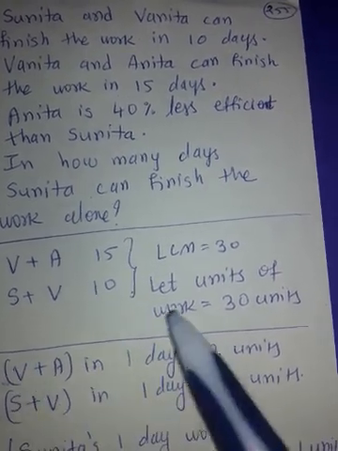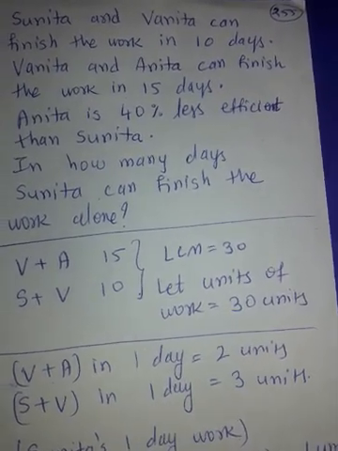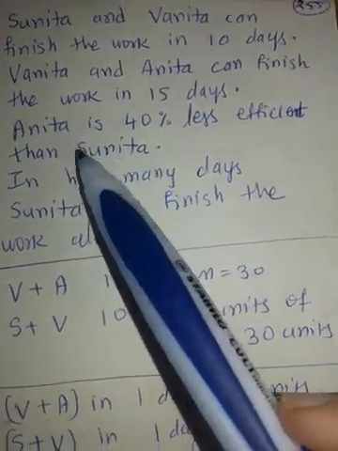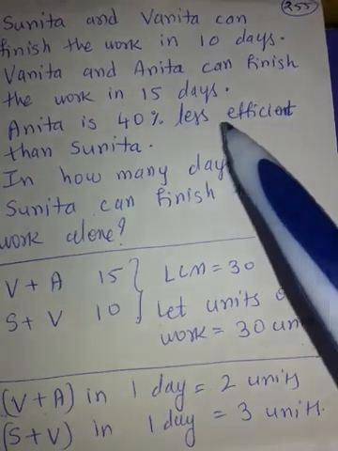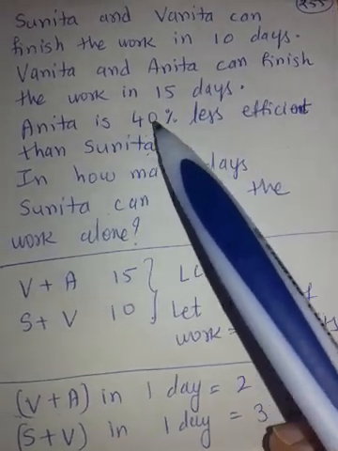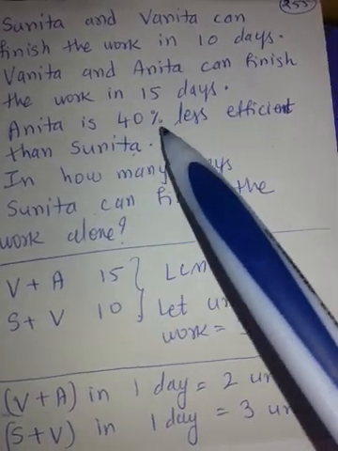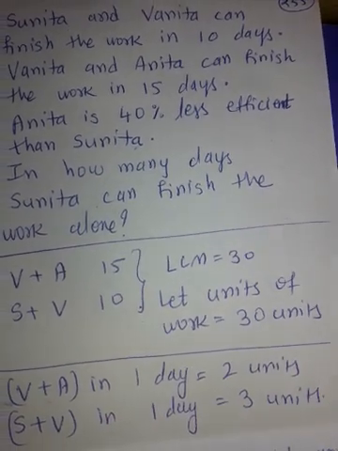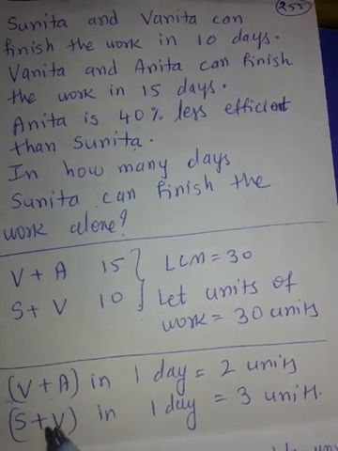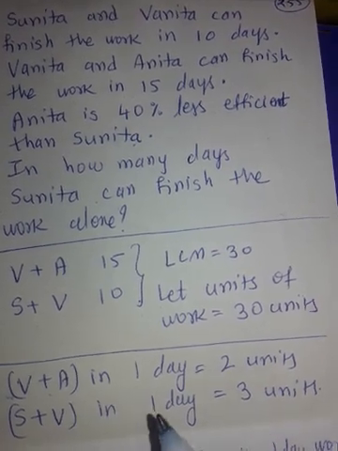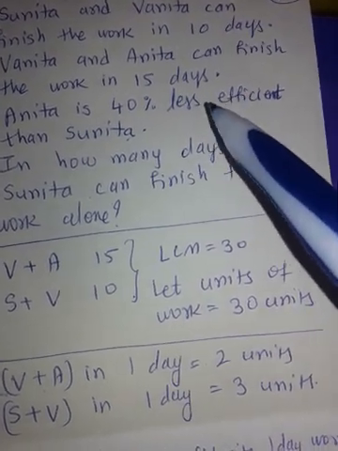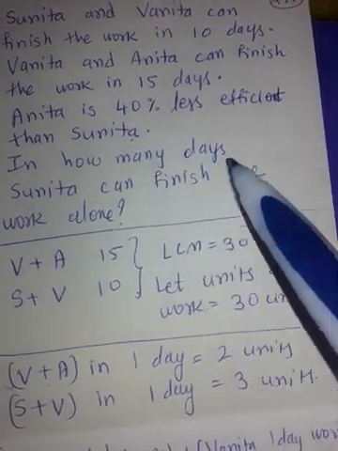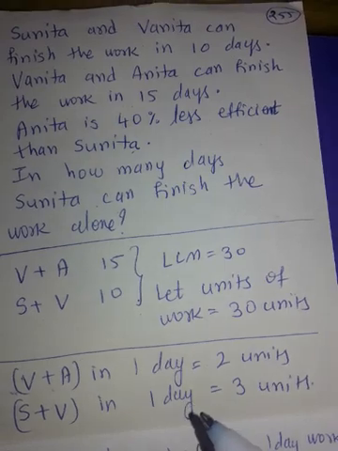So now we have this data. How can we use this data? Let's see. In the example, we are given that Anita is 40% less efficient than Sunita. So some comparison is given to us between Anita and Sunita. So from this data, let's find if we can compare Anita's and Sunita's one-day work, so that we can use this data over here and conclude in how many days Sunita can finish the work alone.